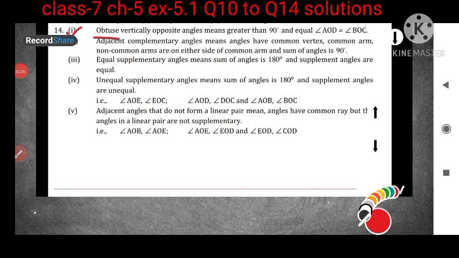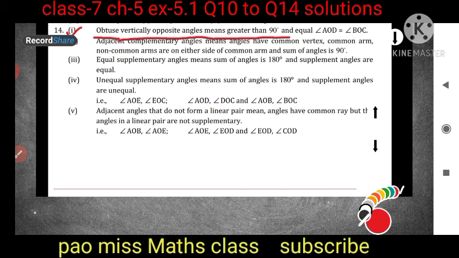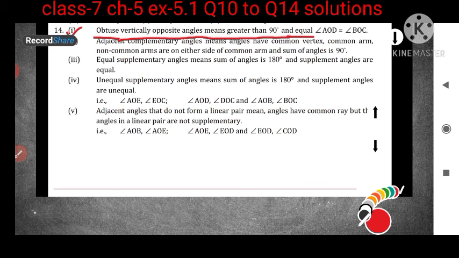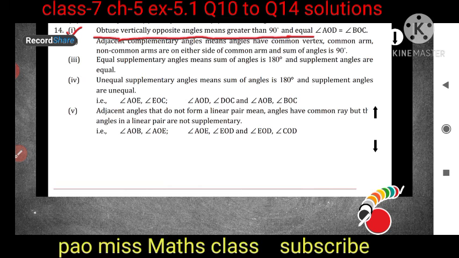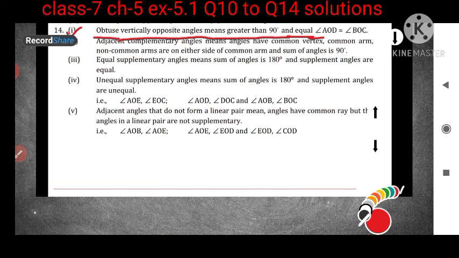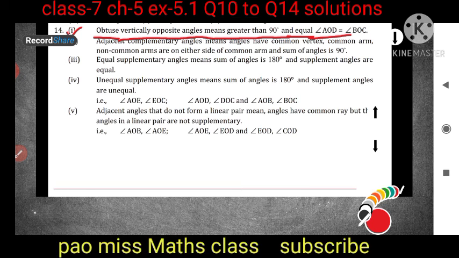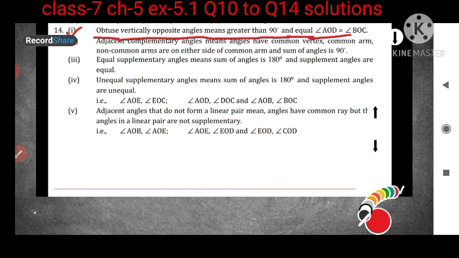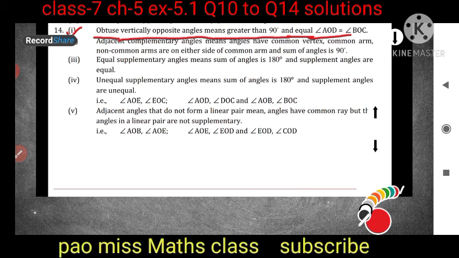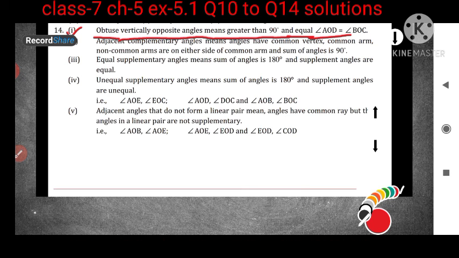Obtuse vertically opposite angle means greater than 90 degrees, and equal. So angle AOD is equal to angle BOC, isn't it? They are vertically opposite angles and equal. So the answer for question number 1 is this. Now come back to the question again.